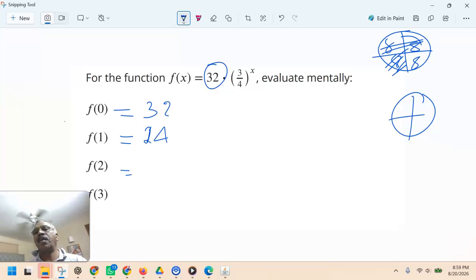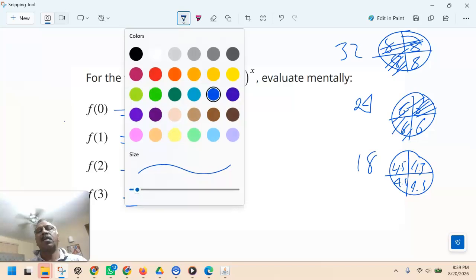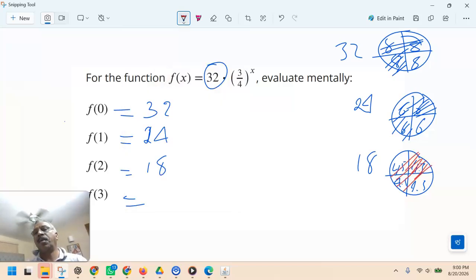Next you break 24, this was 32 and now it is 24, into 6, 6, 6, 6. So 3 of these will be 18. And the next one: you have 18 and break 18 into 4.5, 4.5, 4.5, 4.5. So 3 of these will give you 4.5 plus 4.5 plus 4.5, which is 13.5. So this is how.